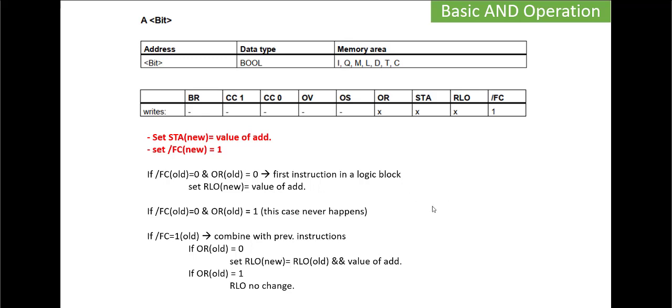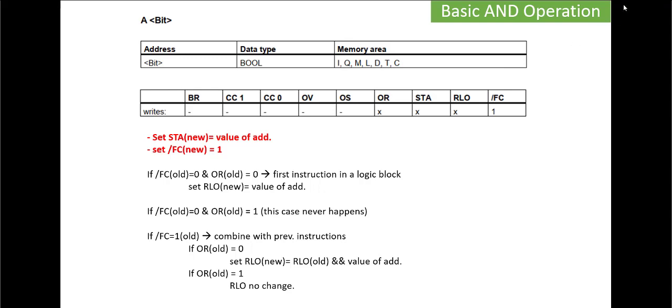So what will happen? Well, basically, we will just copy the value of the current address and move it to the RLO, and the first check bit will also be set to 1 in order to combine the result of the current logical instruction with the next logical instructions that come after it. So this is a start, but it does not necessarily have to be the end. And this is the first case we are talking about.